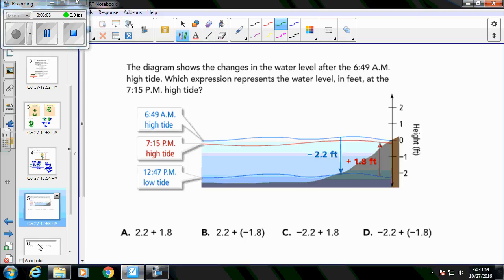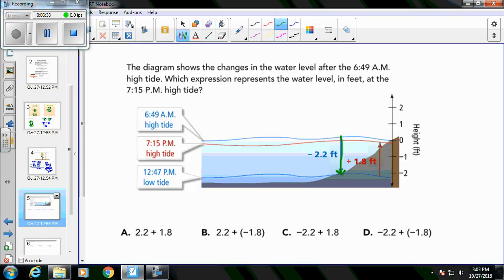The diagram shows the changes in water level after the 6:49 a.m. high tide. Which expression represents the water level in feet at the 7:15 p.m. high tide? So, at high tide, at 6:49 a.m., from then until 12:47 p.m. when it was low tide, the height dropped, so we have a negative 2.2 feet.